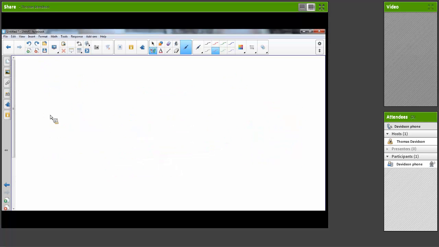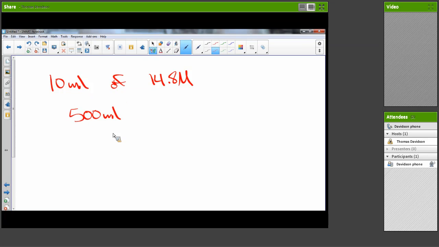Okay, in part B of that same problem, if you take 10.9 milliliters of the stock solution, so there we go, we have 10 milliliters of 14.8 molar, yada, yada, yada. How do you dilute it to 500 milliliters? Well, I am going to stick with tradition and convert this to 0.01 liters. Then I'm going to make of a multiply sign, and then I'm going to divide by 0.5 liters.